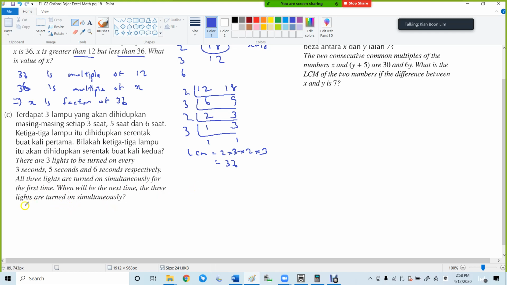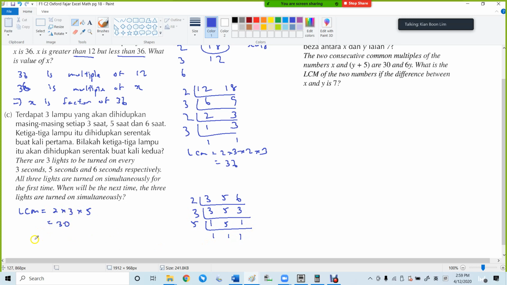So this type of question is actually a question for LCM. So I try to find the LCM for 3, 5, and 6. I divide by 2: 3, 3, 5. Divide by 3: 1, 1, 5. I divide by 5: 1, 1, 1. So the LCM is equal to 2 times 3 times 5, so it's 30.